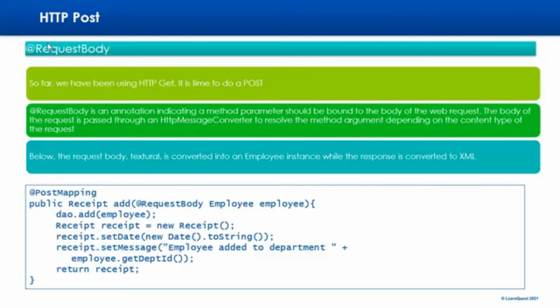Once it's injected in, it looks as if we're delegating down to a DAO to add the employee and generating a receipt object, which will be sent back as a response and rendered into text. The default's JSON, so I would guess it would be JSON.